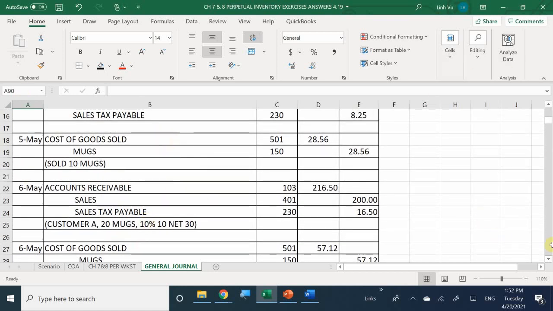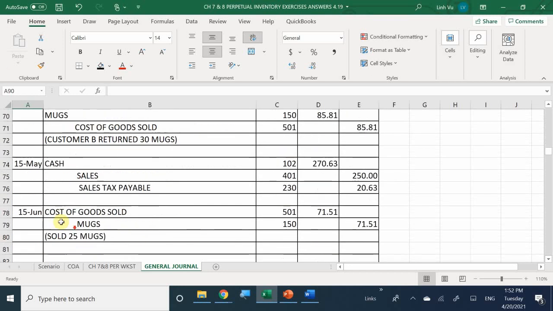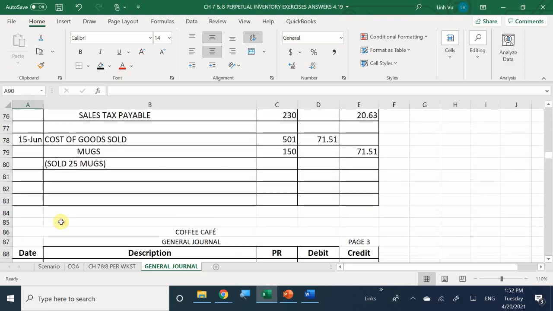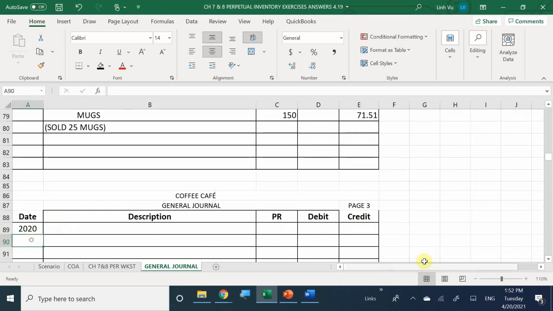How much does customer A owe us? $216.50. So therefore, they're making a payment to us, right? They're paying off exactly how much they owe us.